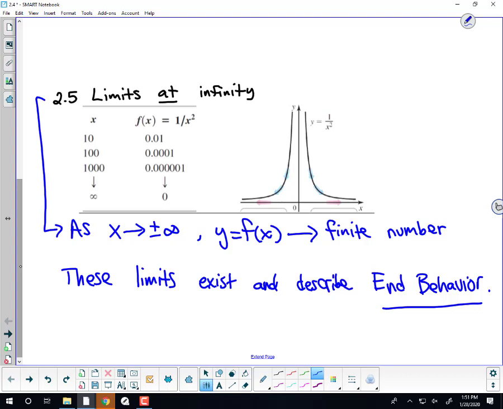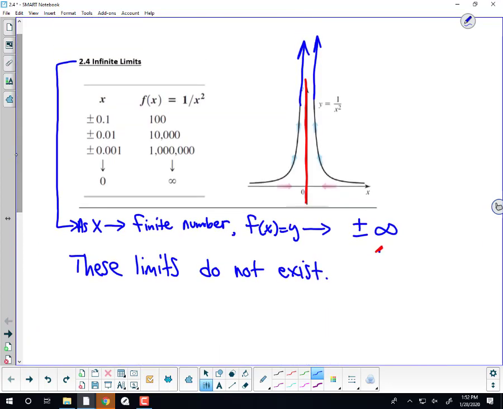So in general, not all functions have horizontal asymptotes, but all functions have end behavior. And the way we describe that is we just compute the limit as x approaches infinity. Okay, so that's what we're seeing in 2.5, more or less how to describe and define a horizontal asymptote. And in 2.4, we're seeing how to define a vertical asymptote. Anybody have any questions?